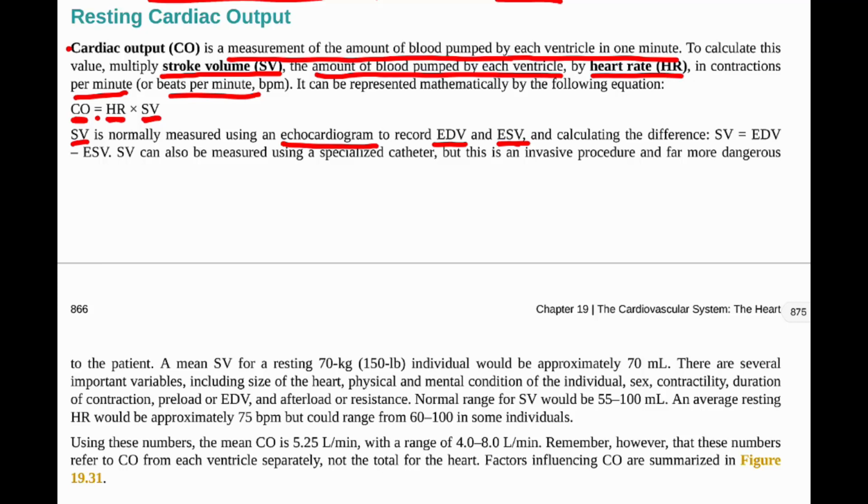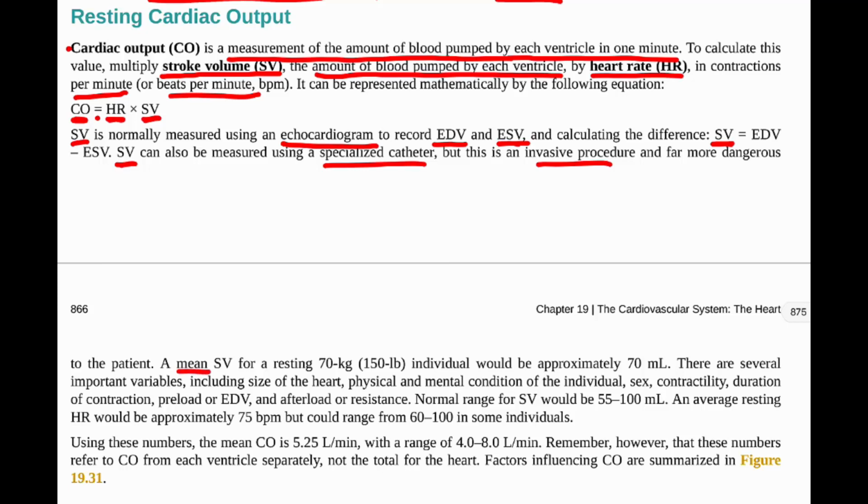So we take the volume we started with, 130, and look at the volume that we end with, and the difference is the stroke volume, the amount that's pumped out. Also, our SV can be measured using a specialized catheter, but of course that's an invasive procedure, and it's more dangerous to the patient to have to put in a catheter and watch the heart beat and measure the volume.